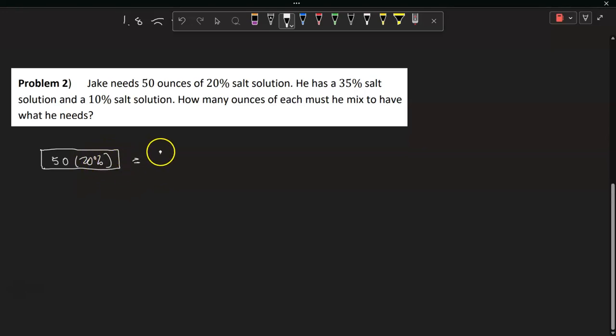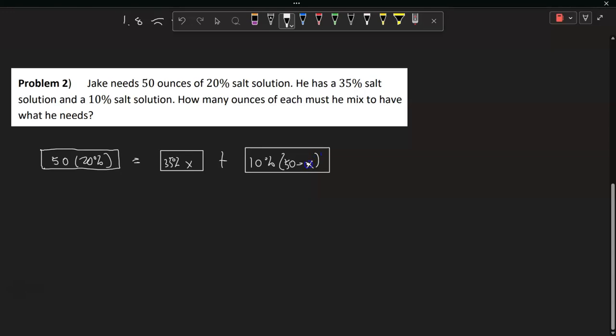This is equal to our part, which is 35% of something, of X, plus another part, which will be 10% of this entire 50 ounces minus X.